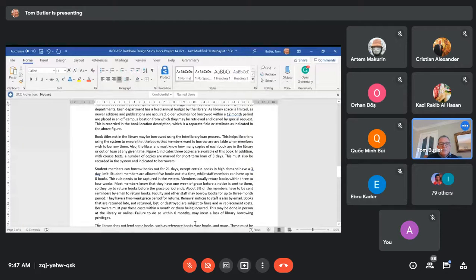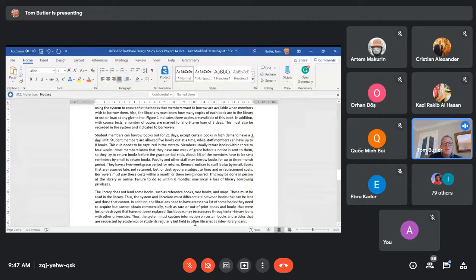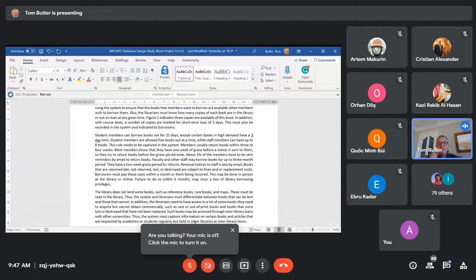Now the rules, and all of this paragraph: students can borrow books for 21 days. All it means is it's referencing the type of attributes you need to capture about the borrowing details between students and staff and books. So in the borrowing details, much like the rental car examples we covered, you will have the date of borrowing, not necessarily the time, the date of borrowing, and the date of return. And remember this, the 21 days is calculated.